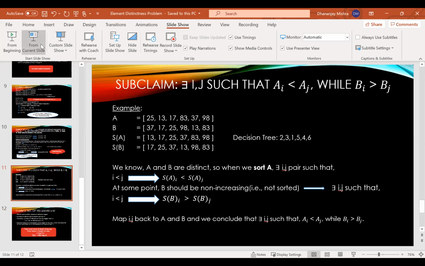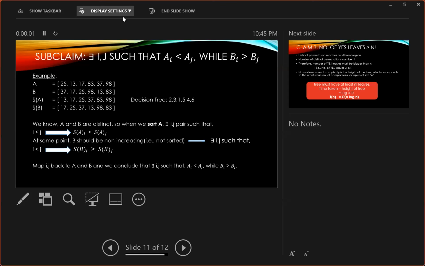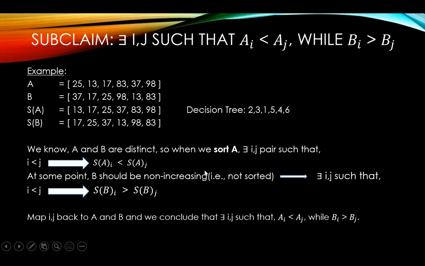Now we'll map the i, j back to A and B, and finally we conclude that there is this point i, j such that Ai is less than Aj while Bi is greater than Bj.